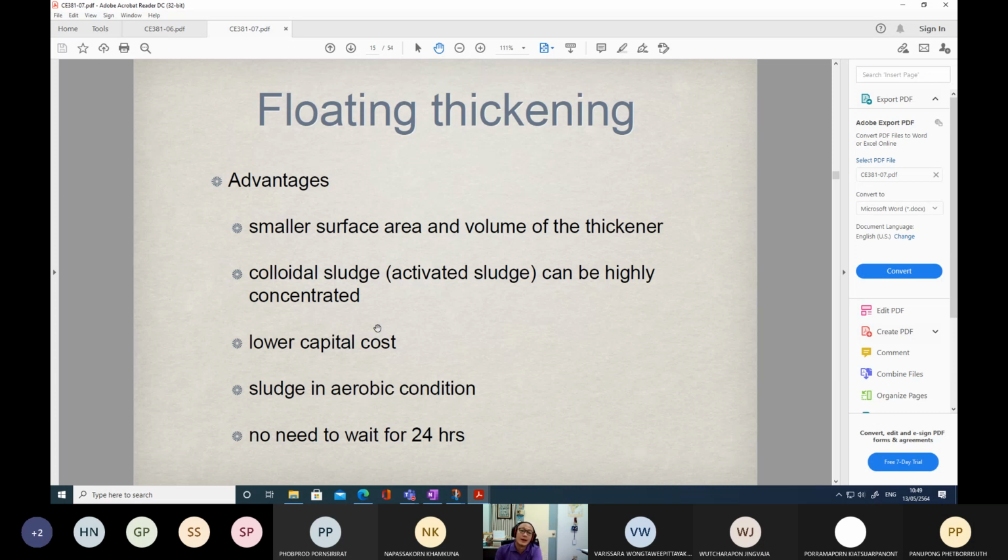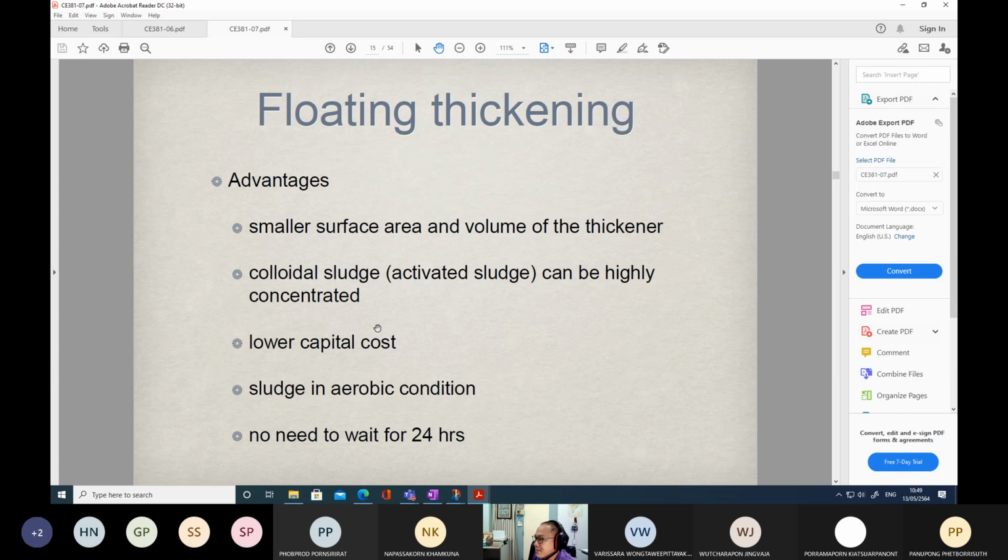And one more thing is, as we apply the air, especially for the activated sludge process, the sludge will always be in aerobic conditions. No decay occurs in the thickener, so it's fully aerated and oxygen is still provided.